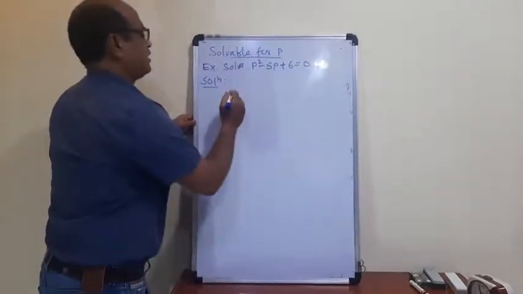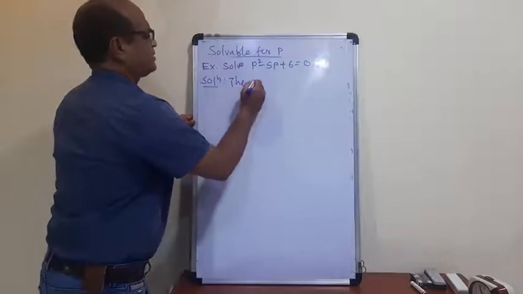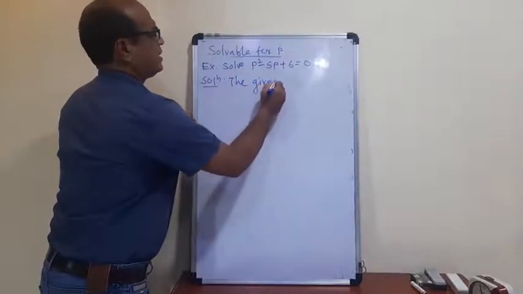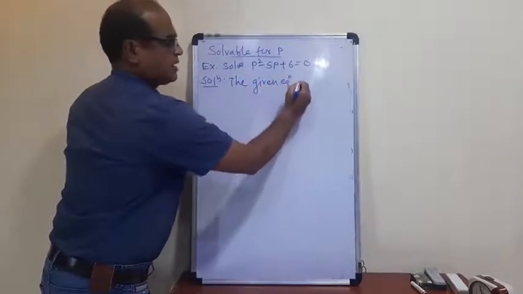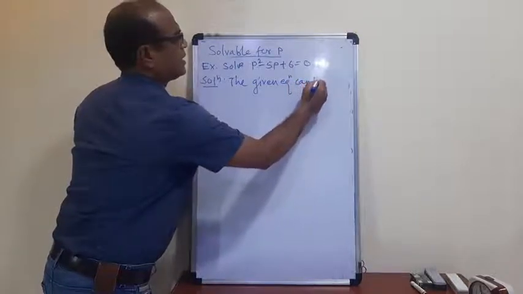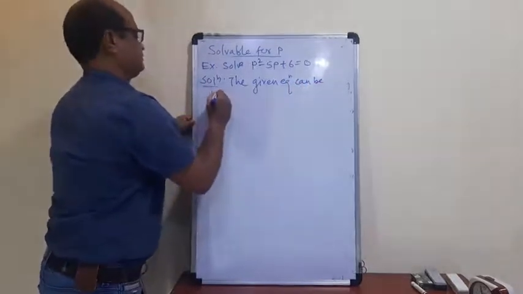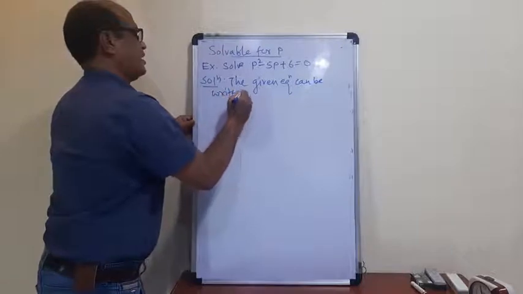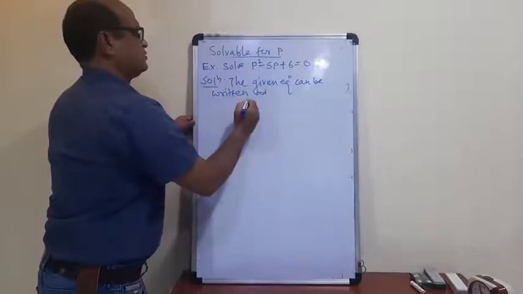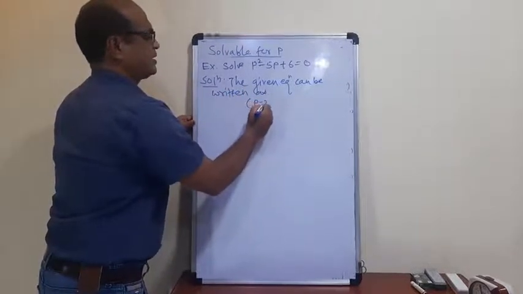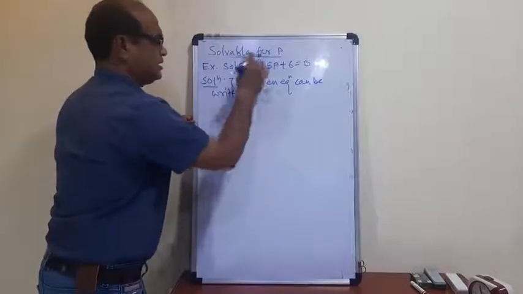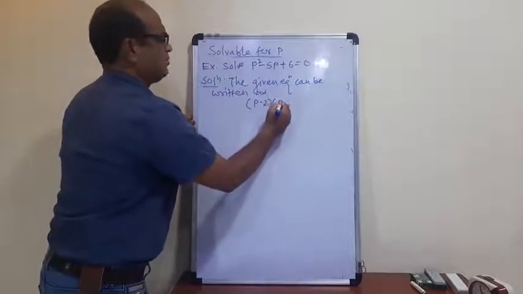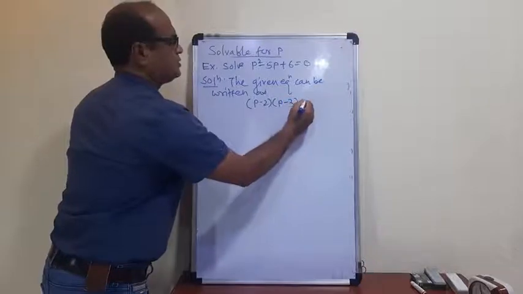We can factorize this. The given equation can be written, after factorization, as p minus 2 into p minus 3 is equal to 0.